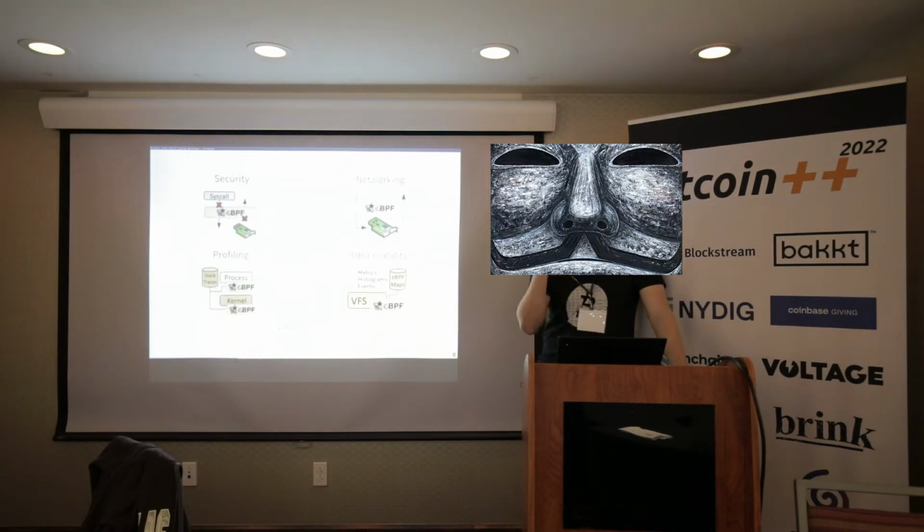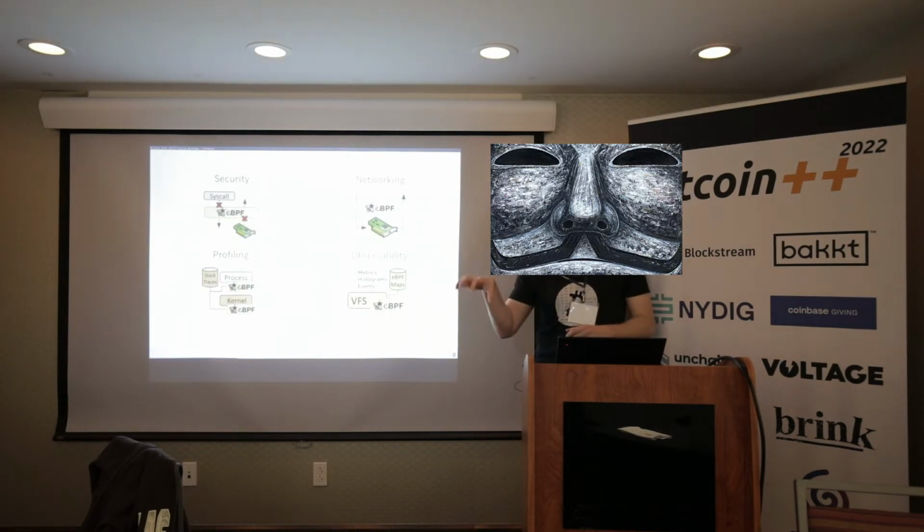And Ebpf is really powerful, and we can use it for security. One example here is what we have in Bitcoin Core right now. Still experimental, but we can use this to block certain syscalls that we know Bitcoin Core shouldn't make. So we can limit the functionality to say, okay, if an attacker somehow does something funny with Bitcoin Core, it shouldn't use this call.